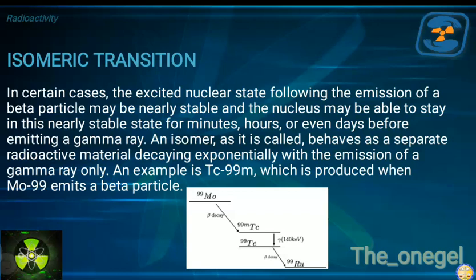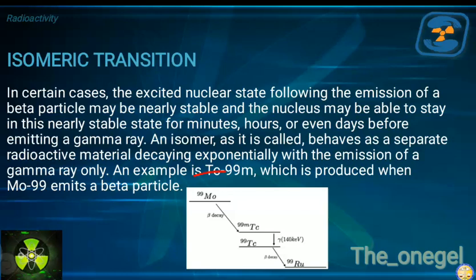So an isomer, as it is called, behaves as a separate radioactive material decaying exponentially with the emission of gamma ray only. An example is technetium-99m, which is produced when molybdenum-99 emits a beta particle.